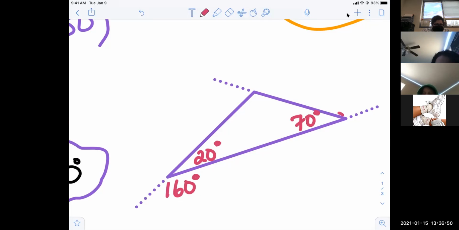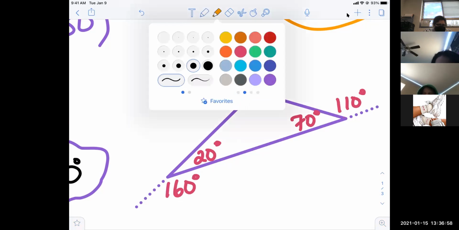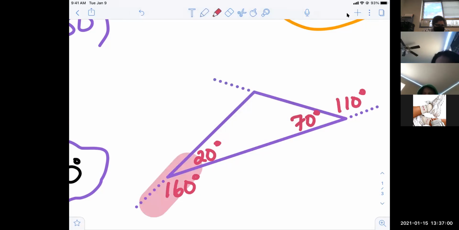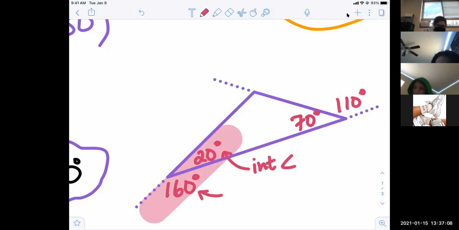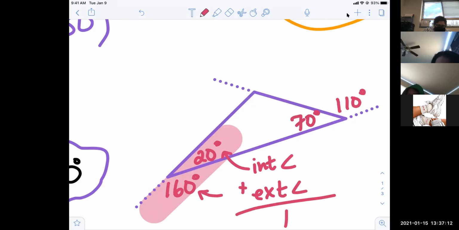What would the angle out here have to be? 110. So at every vertex of a polygon, those angle measures have to add up to 180. And that's something that's going to be helpful. Those are always going to be supplementary. The interior angle, that's the exterior angle. It's always going to add up to 180.